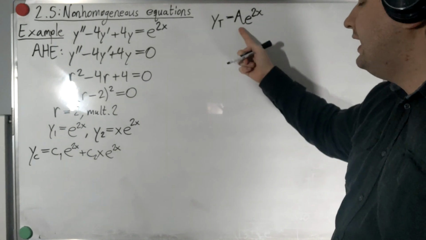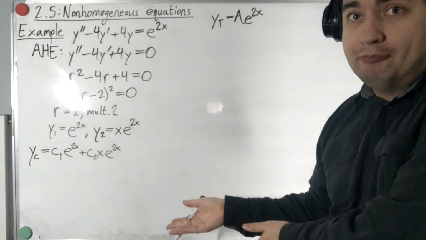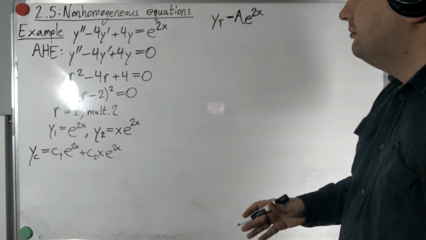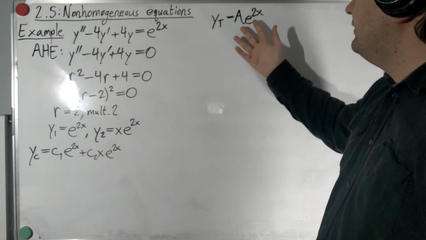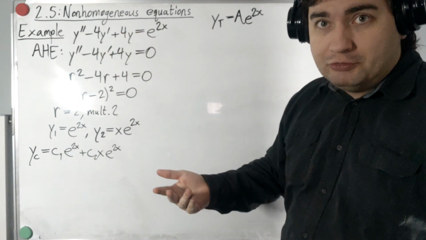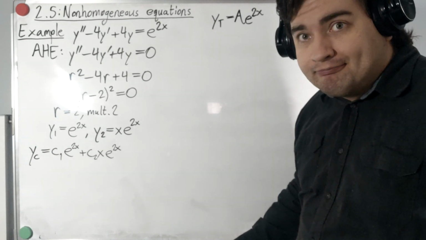You can set a and c2 and c1 such that they are the same. That's a problem because if you plug this function into the left-hand side, which we normally do in order to figure out what a is, we'll just get 0.